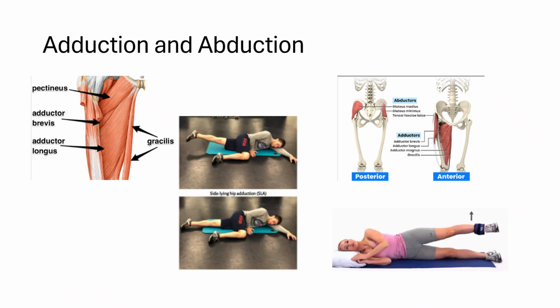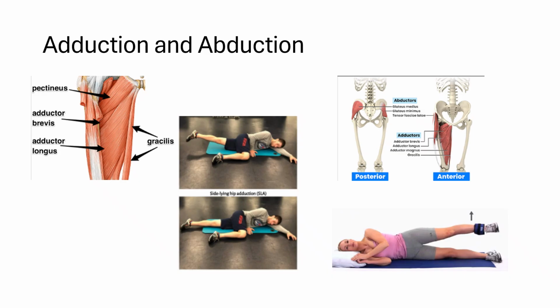Adduction and abduction. These movements are pretty simple, but very few people actually work on them. Adduction is when the leg is going away from the body, and then abduction is when the leg is coming towards the body or past the midline.